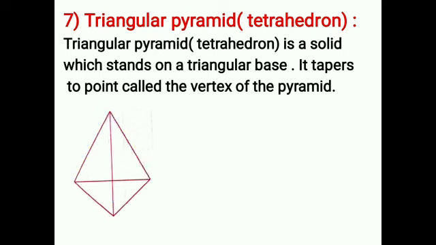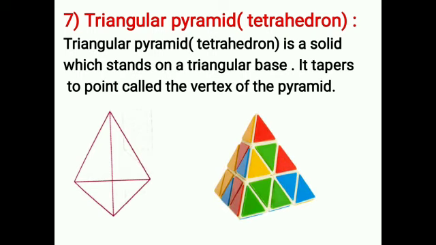So the base is a triangle, as well as these three faces: this one is also a triangle, this one is also a triangle, and this one is also a triangle. So this is the diagram for a triangular pyramid. This one is also an example of a triangular pyramid.